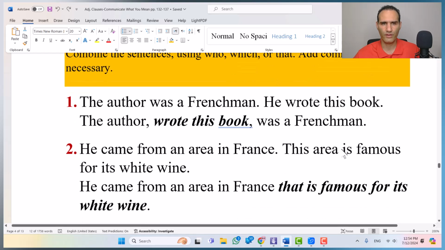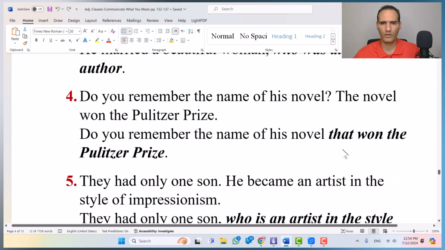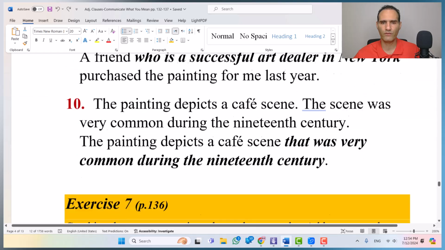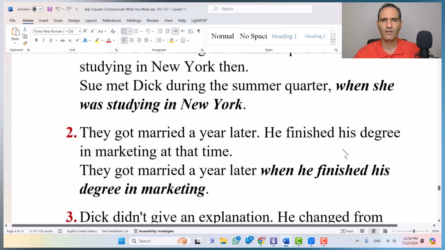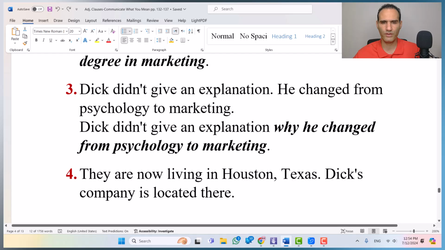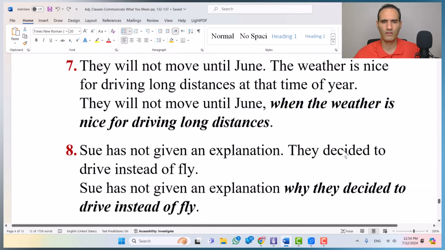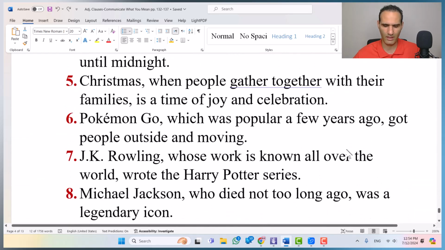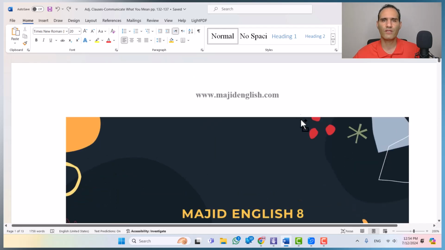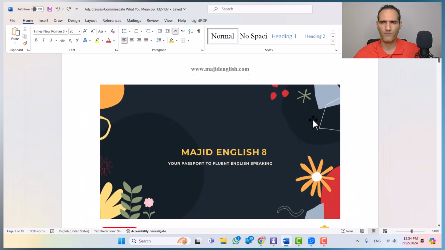And also this exercise 6 was beautiful because we learned where to put the adjective clause, and it depends on our understanding whether to put the commas or not to put the commas. Exercise 7 the same, and exercise 8 where we produced some adjective clauses.